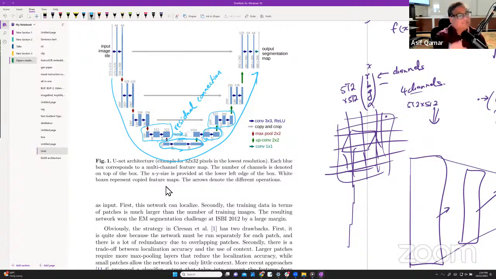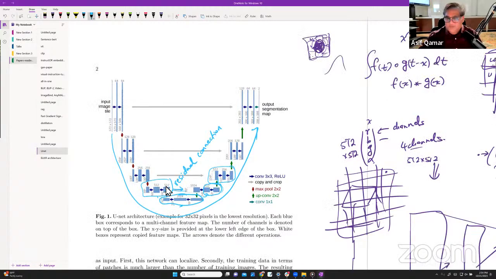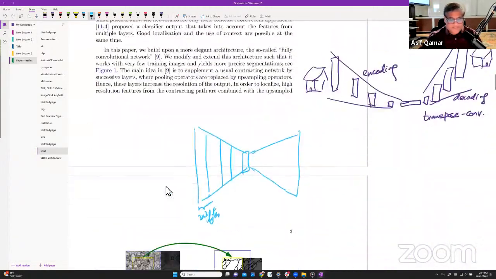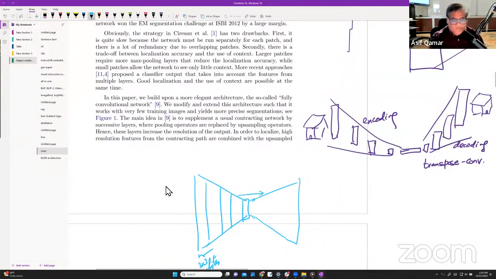So at each stage, you deconvolute, and if you look at the picture like this, you're also doing a direct connection here. So when you are deconvoluting at this layer, what are you giving?